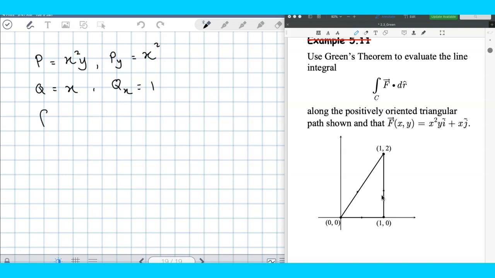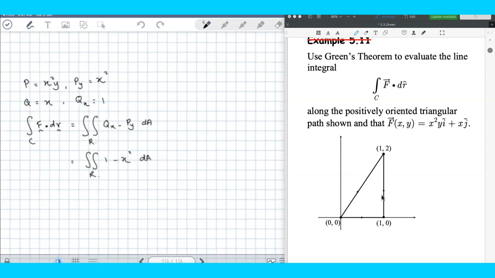So now we want to find the line integral along the curve C using Green's theorem. So Qx minus Py dA for the region R. So substitute, Qx is 1, minus x squared dA.